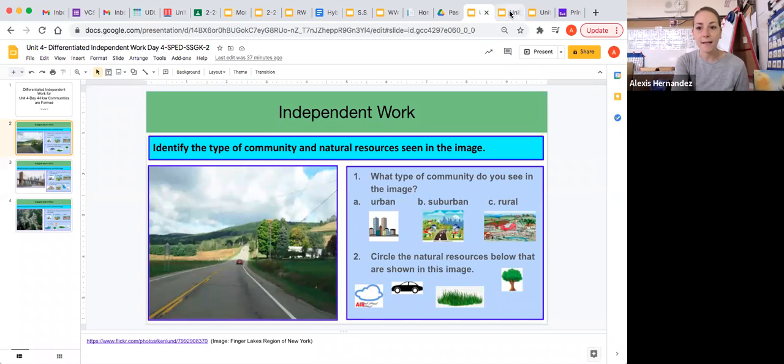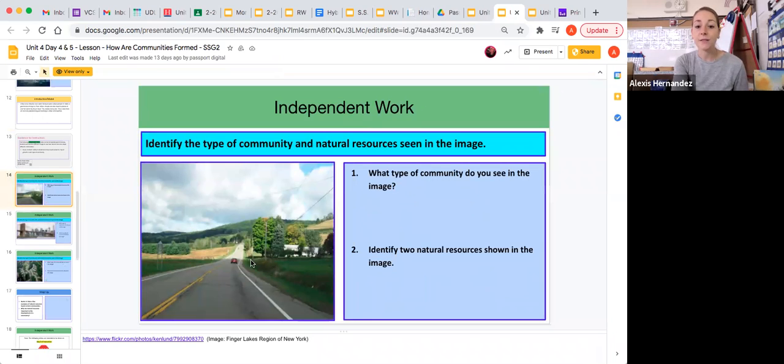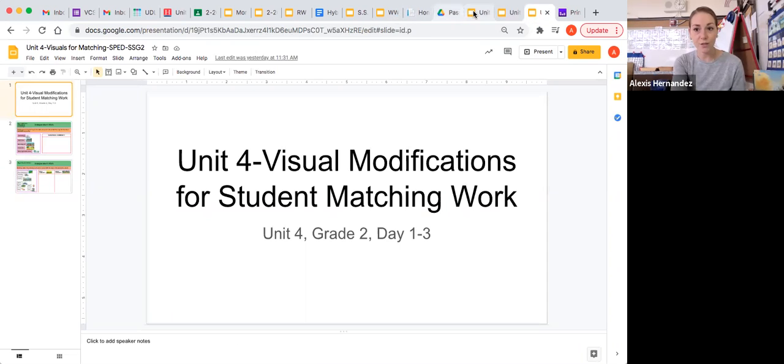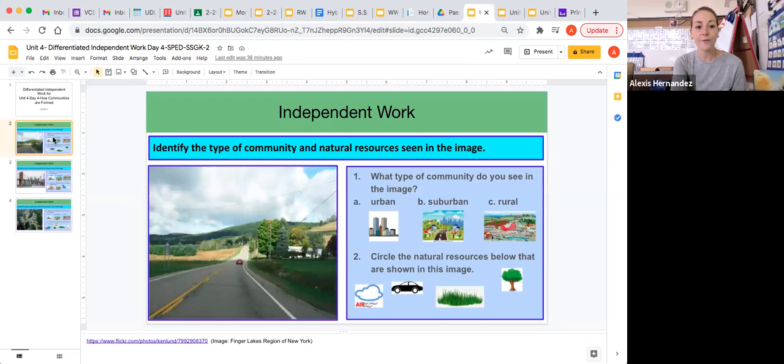Finally, the second question asks the students to look at the picture and identify 2 natural resources shown in the image. To give more support and accommodations to our learners, though, I have given them a bunch of options, and what they have to do instead is circle the ones that are natural resources.